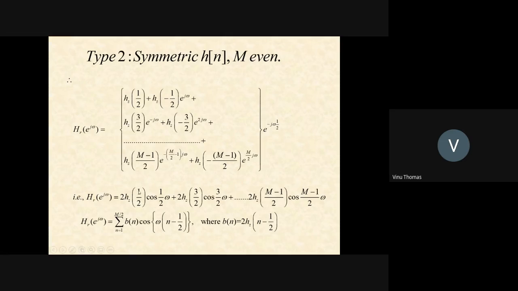So combining, I can write this as 2h(1/2) cos(ω/2) plus 2h(3/2) cos(3ω/2) plus etc., up to 2h((M-1)/2) cos((M-1)ω/2), and represented as the sum over n equal to 1 to M/2 of b(n) cos ω(n - 1/2), where b(n) is 2h(n - 1/2).